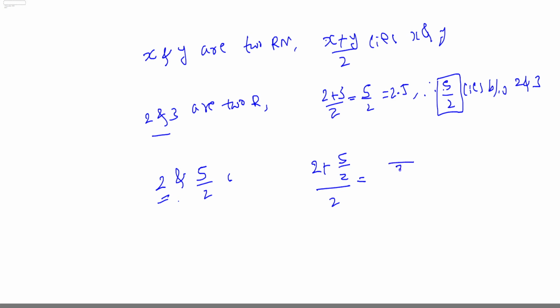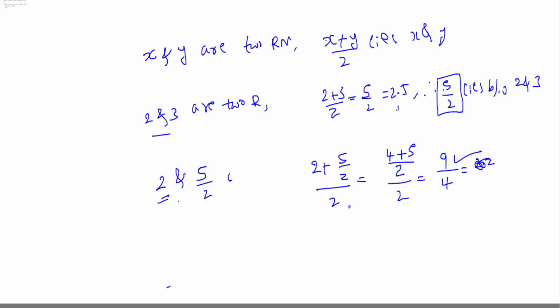That becomes 4 plus 5 by 2, that is 9 by 4. See, again this number lies between 2 and 2.5. Okay, this is also one number.